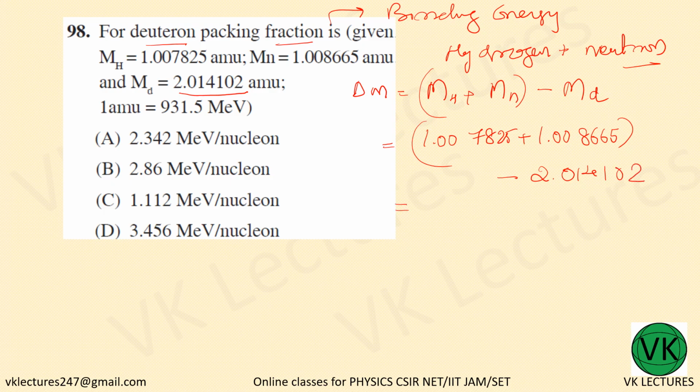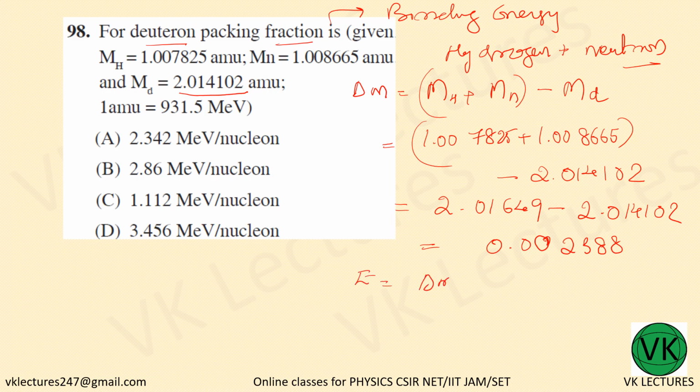Now this sum is equal to 2.01649 minus 2.01410. What you get is 0.002388. Now this is delta m. Now what you want is energy: delta m into 931.5 million electron volt. That's equal to 2.224422 million electron volt.